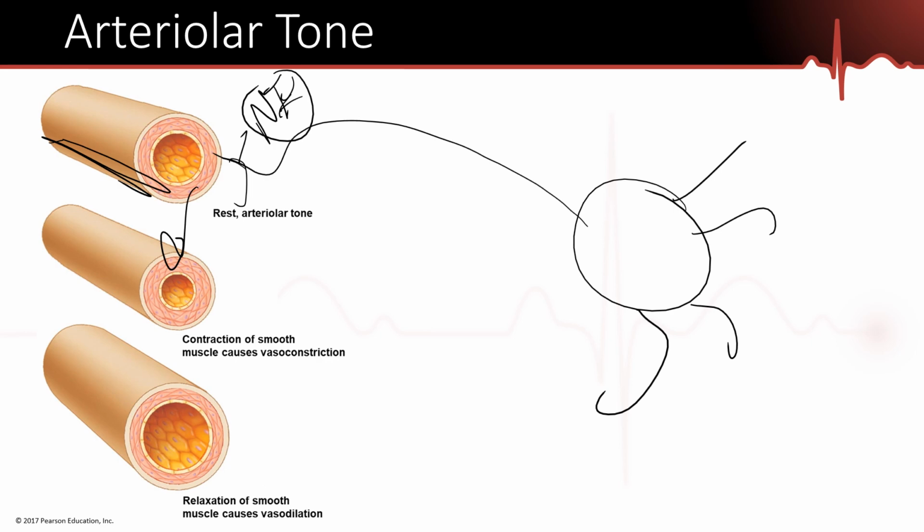Okay? All I can tell you is norepinephrine causes these smooth muscle cells to contract. And when these smooth muscle cells contract, what that causes is for the lumen, the internal diameter, to narrow. Right? The diameter decreases. That is what the sympathetic nervous system does to systemic arteries.